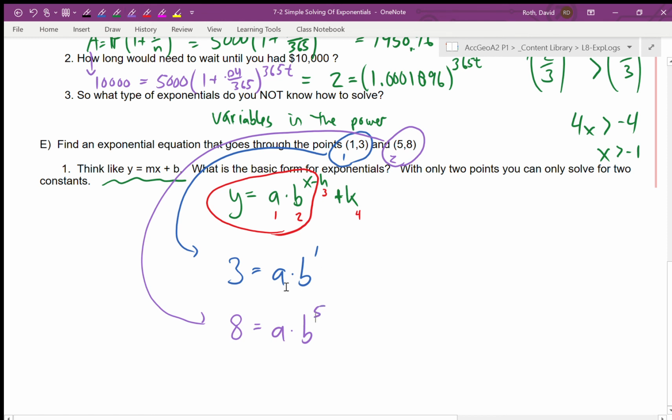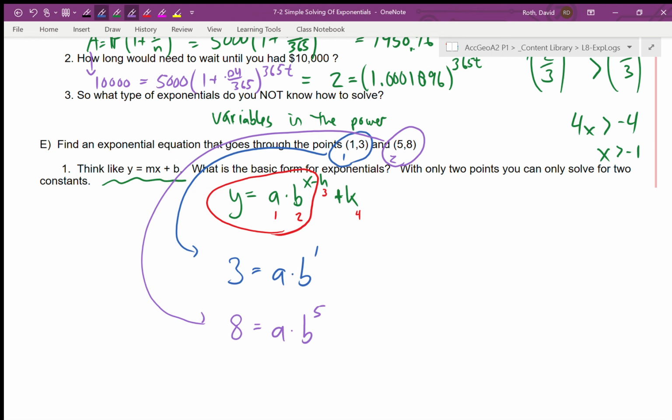Now there's a couple ways to solve these. You could solve this top one for A. A is 3 divided by B, and then plug that in right here, and that would work. That's called systems by substitution. There's kind of a clever way. If 3 equals A times B to the 1, and 8 equals A times B to the 5, in other words, this side equals that side, and those sides equal these sides, can't I divide?